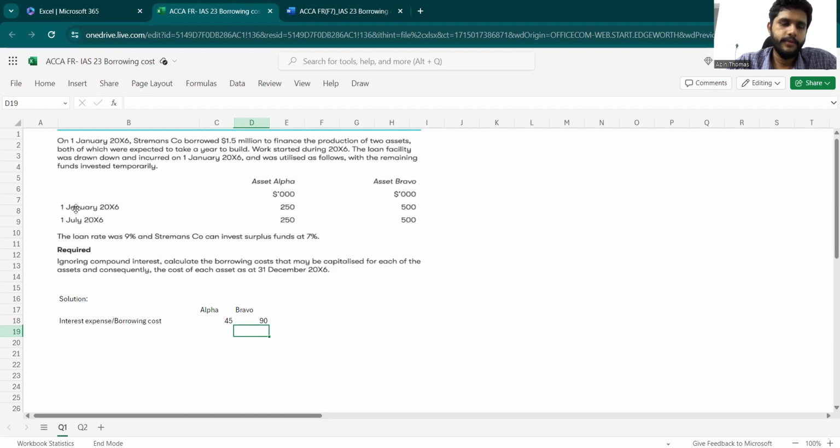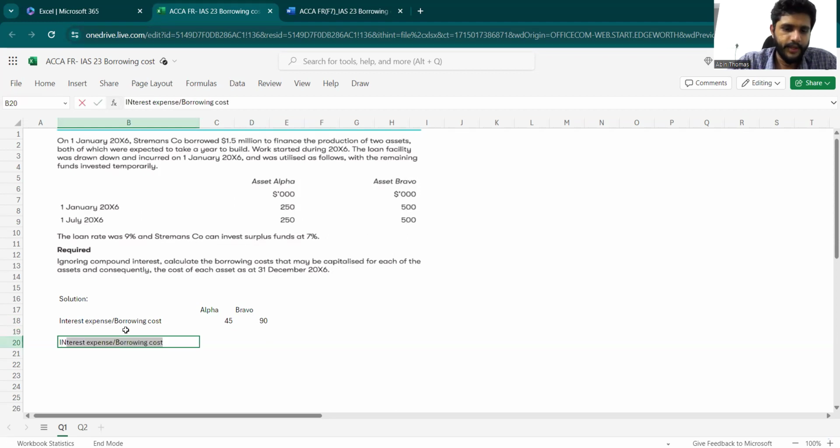From 1st January till 1st July, they use 250 and 500. And they have the remaining of the amount, they can invest in surplus funds that will generate 7% income. So this 7% should be deducted from our interest cost. So the calculation is interest income would be 250 into 7%.